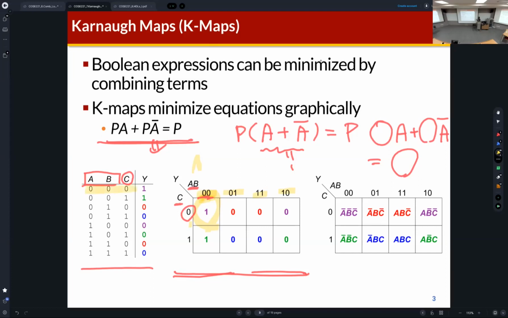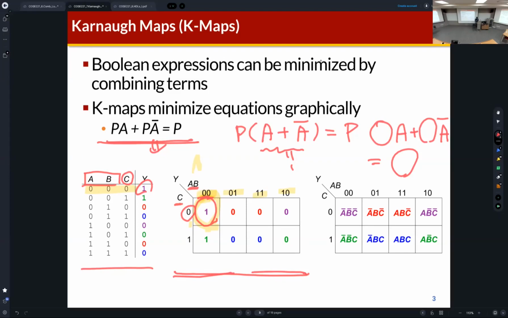What is the output of this row? 0 0 0 gives 1, right? Then we can allocate the output Y using the min term A bar, B bar, C bar here. How about 0 0 1? Output Y is 1 here, so we can allocate the output Y 1 here.